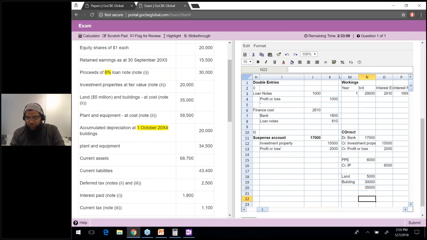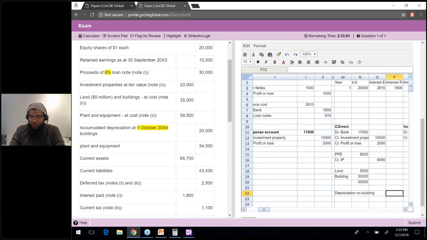Now, when we charge the depreciation on building, we will be charging depreciation of 6,000 divided by 20. Which 6,000? The amount transferred from investment property to PP, divided by 20, will give us the annual depreciation.